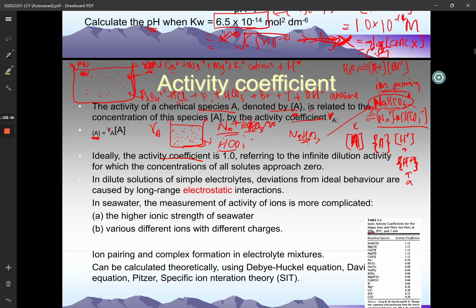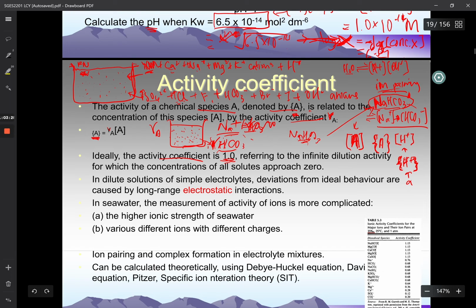These deviations lead to the non-ideality of the solution. For ideal solutions, the activity coefficient is always 1, so the activity will always be 1.